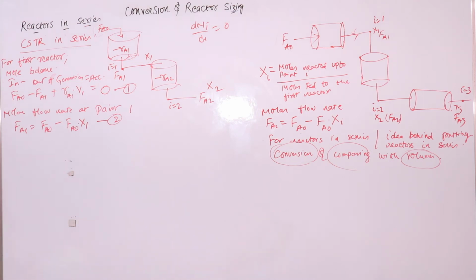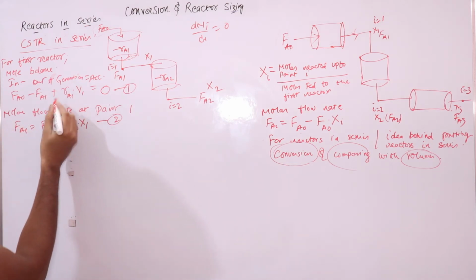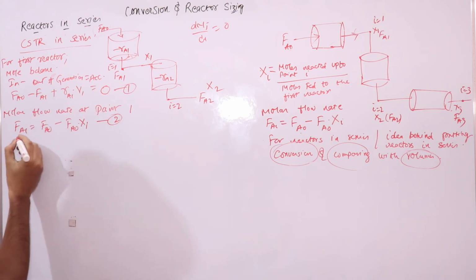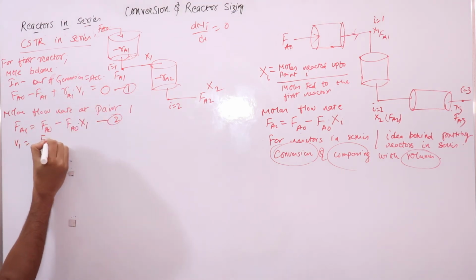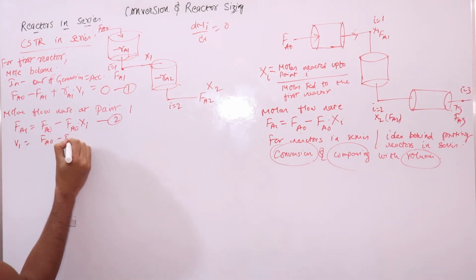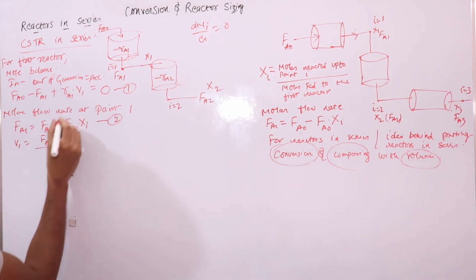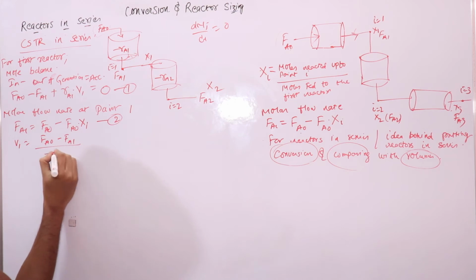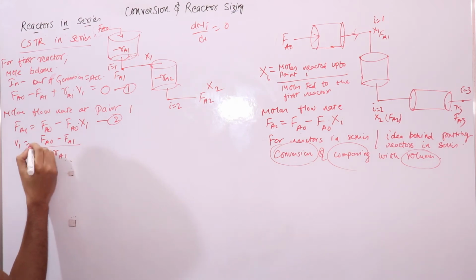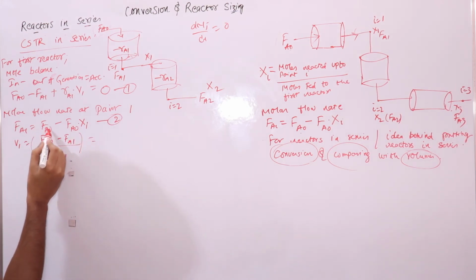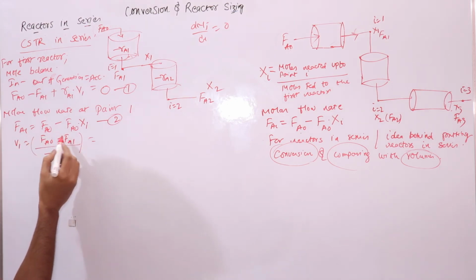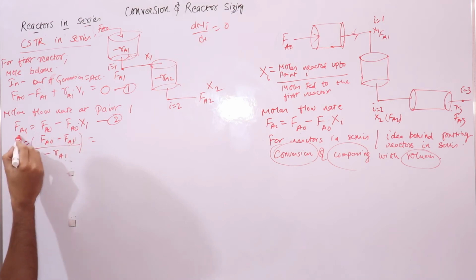So volume V1 will come out to be, if you just put the value, let's solve it from here. From equation 1, we have V1 is equals to FA0 minus FA1 divided by minus RA1, right. And we'll put the value of FA1 from here.